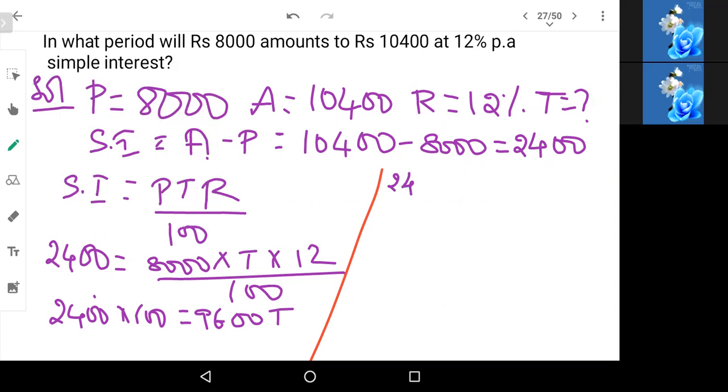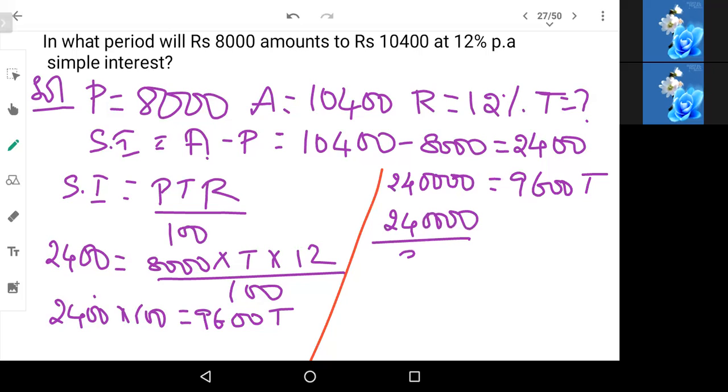So 240,000 is equal to 9600 T. So 240,000 divided by 9600 is equal to T. And then 8000 into 12, what is the amount? 8000 into 12. 96,000.